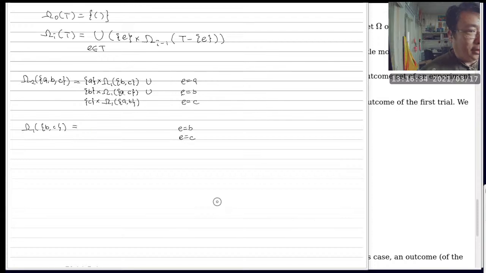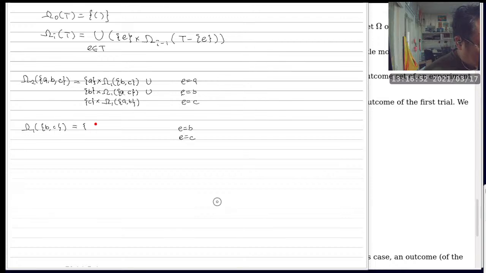Well, we're expanding the omega 1 now. We are doing it recursively, remember? So this omega 1 of BC is now expanded here. It is not the base case, because the base case requires it to be omega 0. So we are not at the base case yet.